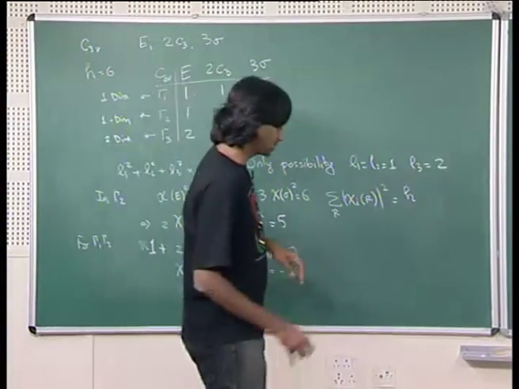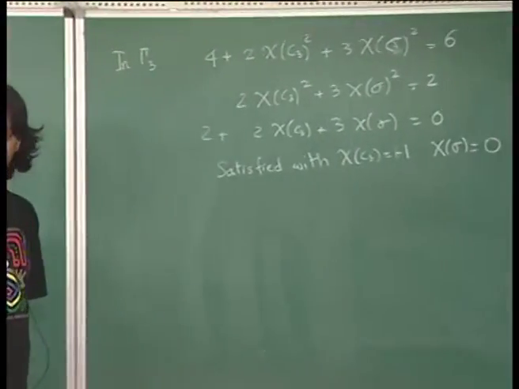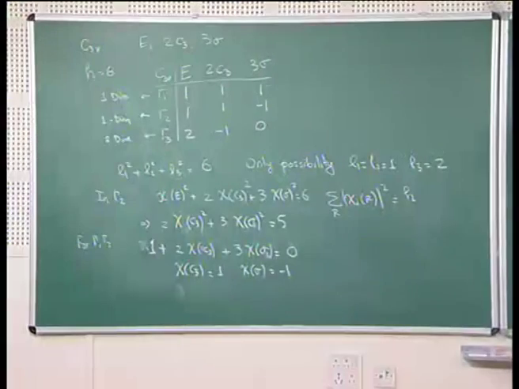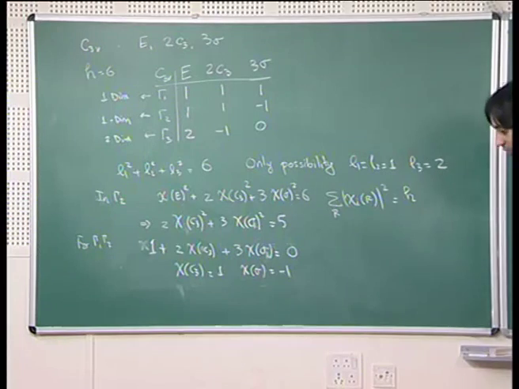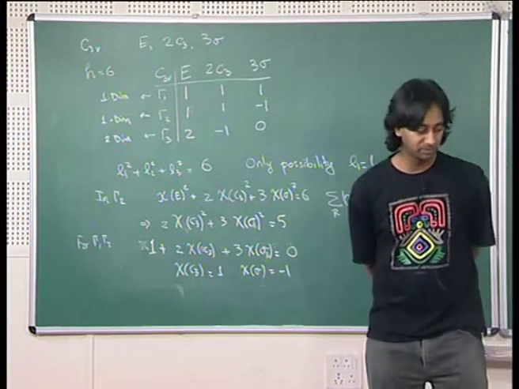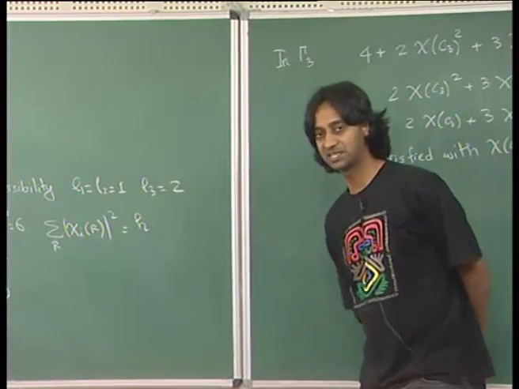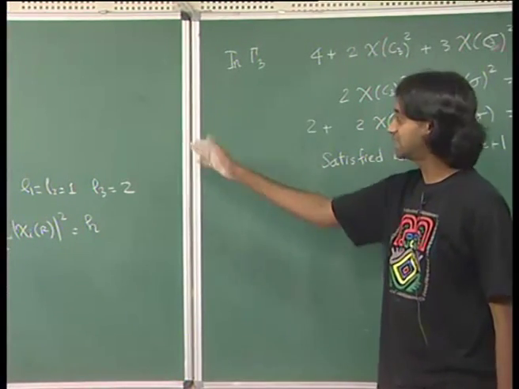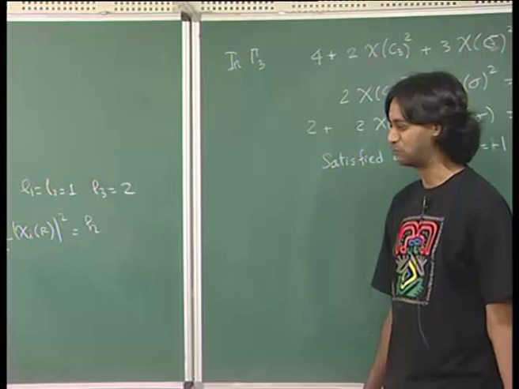So, now we have seen how to construct the basic character table. What we will do next is two things. One is how to express a reducible representation in terms of irreducible representations, and then we will go to the actual character table that is seen in most of your books.